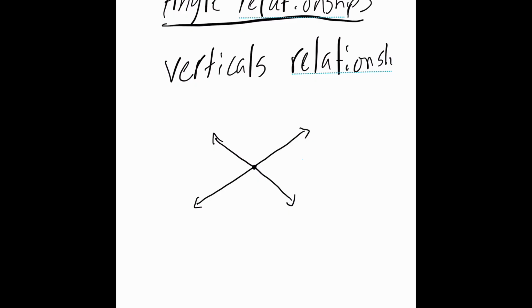Through that intersection, you have angles, right? So I'm going to say we have angles 1, 2, 3, and 4, okay? Angles that are opposite of each other, in this case, could be angles 1 and 3, or it could be angles 2 and 4.